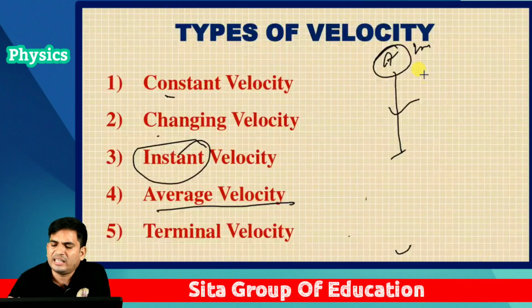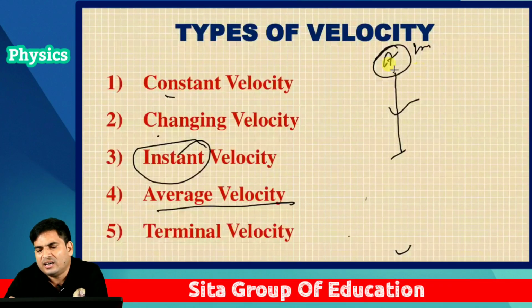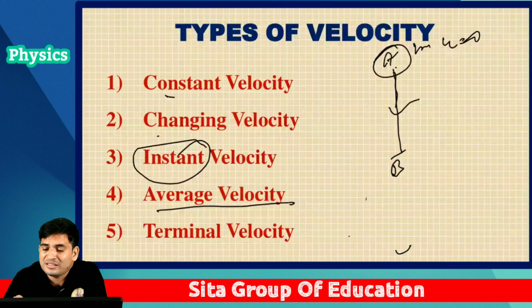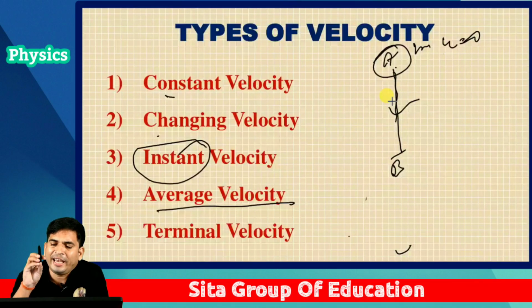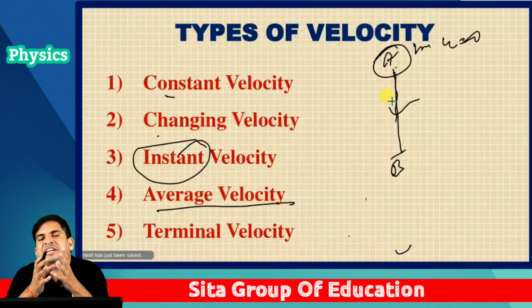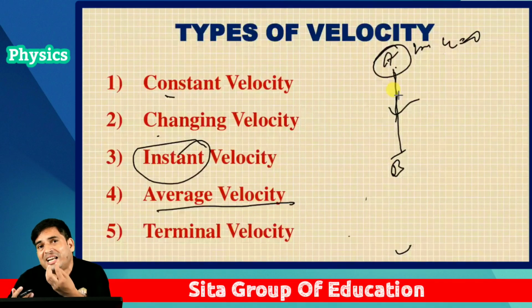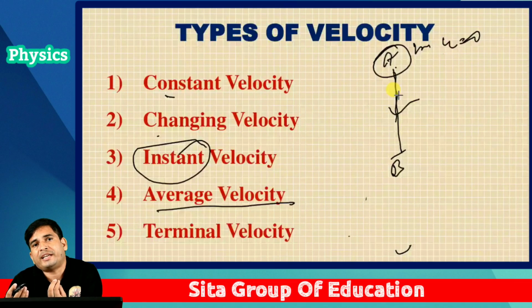Suppose it has initial velocity 0, and the object of mass m starts to free fall from point A to point B. Then there is air resistance, which reduces the speed, while the acceleration acts from the initial to the final position.